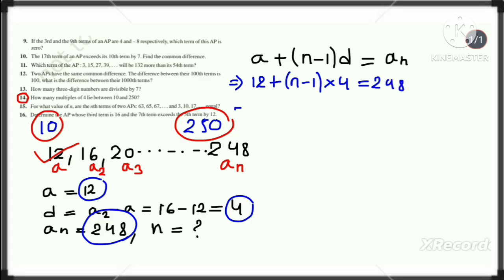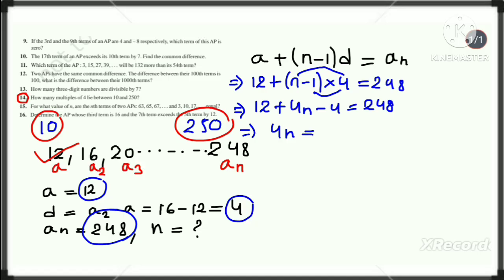Now 12 as it is, plus 4 into n, 4n, minus 4 ones are 4, equals 248.